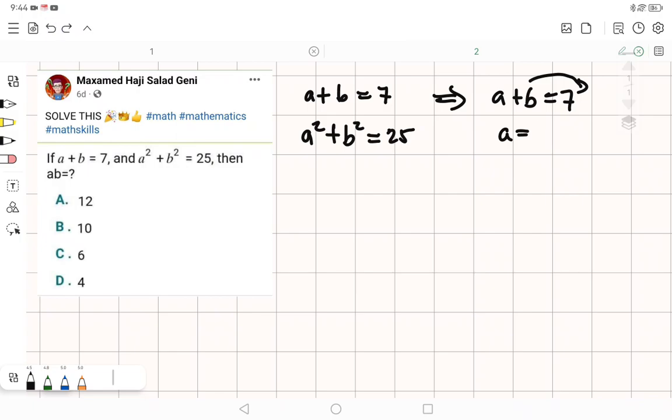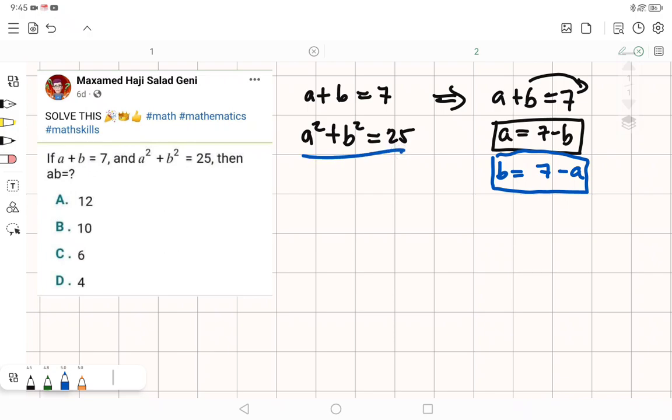That is if you want to solve for a in terms of b. If you want to solve for b in terms of a, it will be 7 minus a. Either one of these will be our item to substitute in this problem.